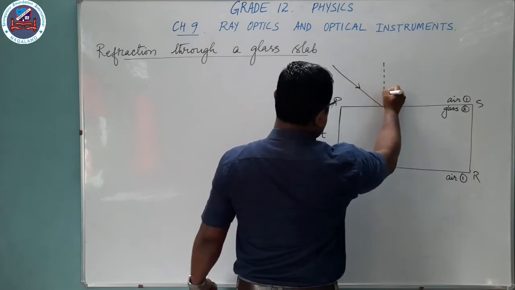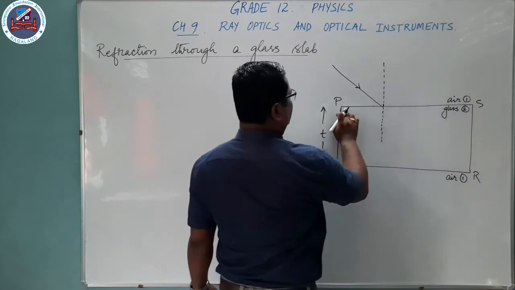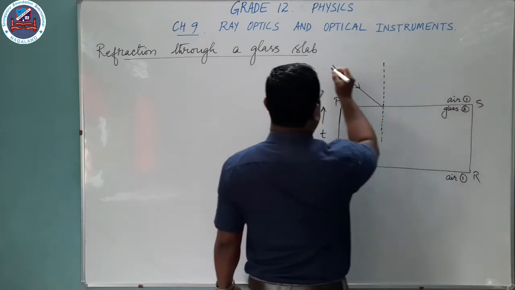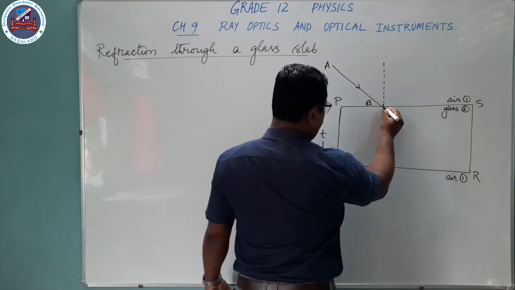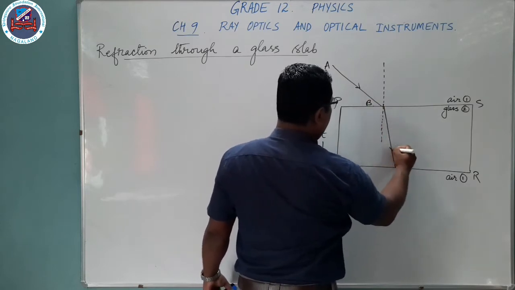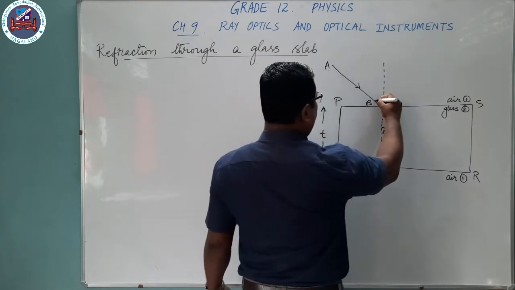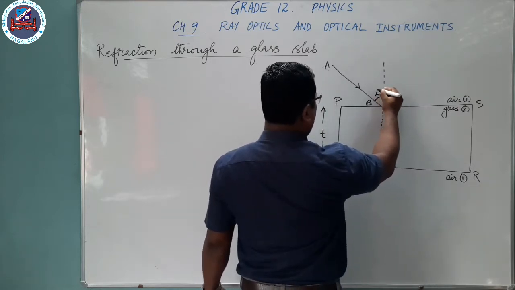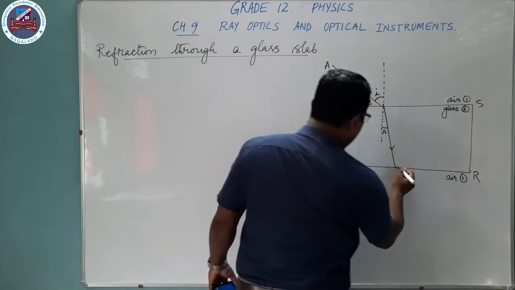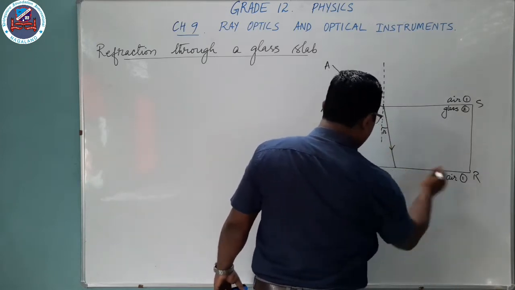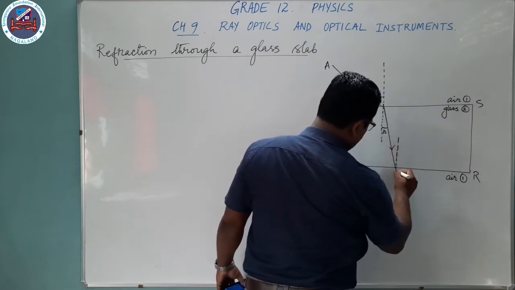the incident ray is striking the interface PS. Suppose this is the incident ray AB, it will refract towards the normal. This angle is the angle of refraction R. This angle is the angle of incidence I. At this interface QR, again one normal you need to draw.